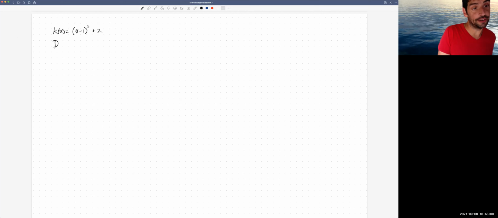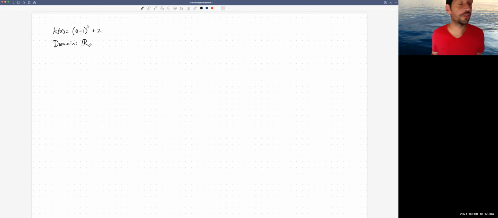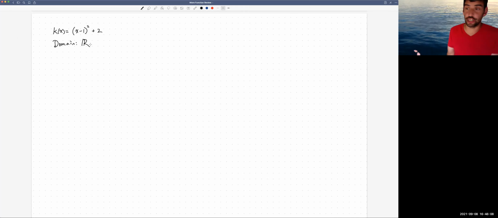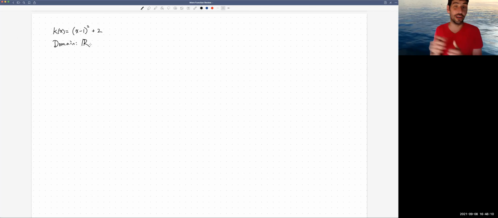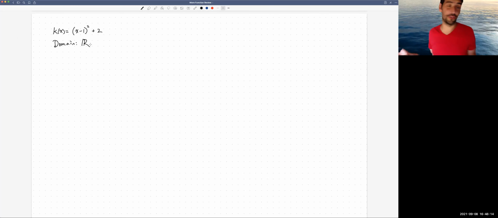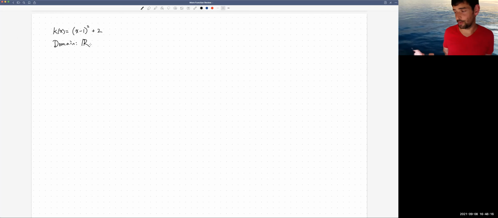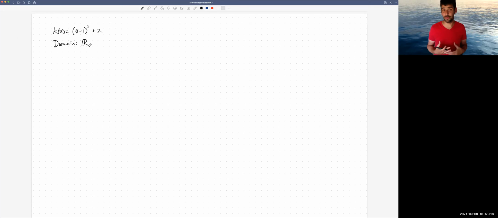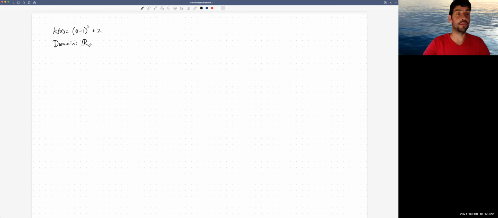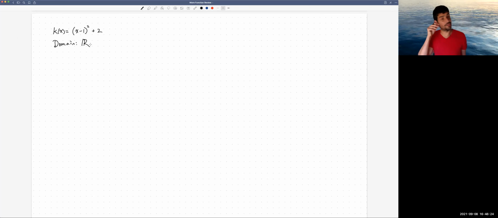So here's another one with the domain of all real numbers, right? Why? Well, because first off, we go to our checklist for domains, none of those warnings are up there, but it's also pretty clear. If I can take any number and subtract 1 from it, no matter what that gives me, I can square it, and no matter what that gives me, I can add 2 to it. So there's not a problem with any number being input into this function.